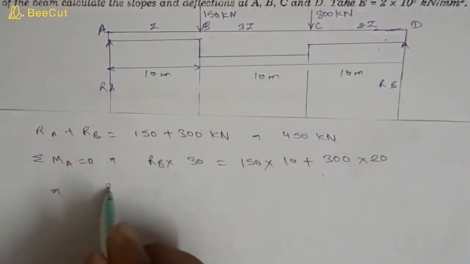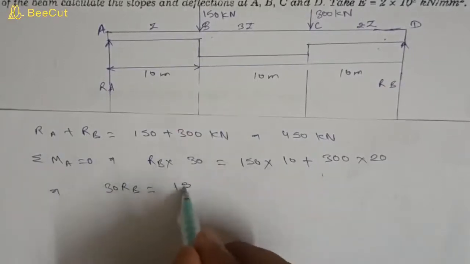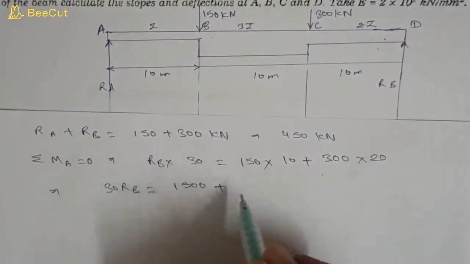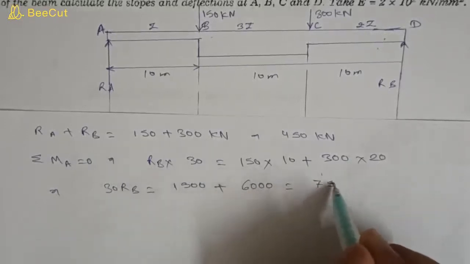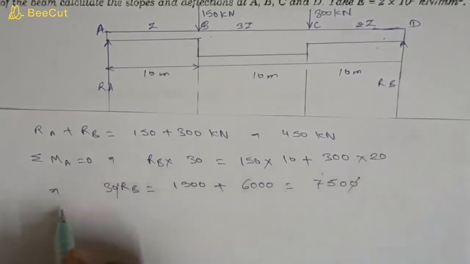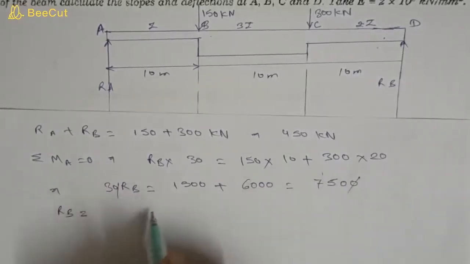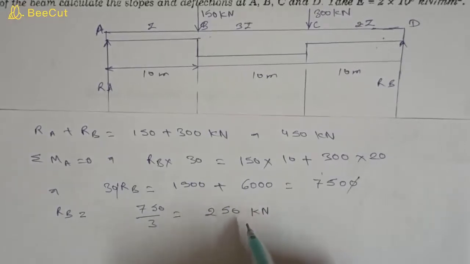So we will get 30 RB is equal to 1500 plus 6000. So it will become 7500. So the 0 will cancel the 0. RB will become 750 by 3, so it will become 250 kilonewton. Okay, so RB is 250 kilonewton.